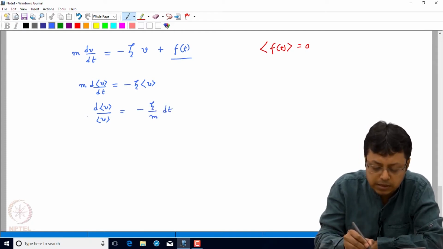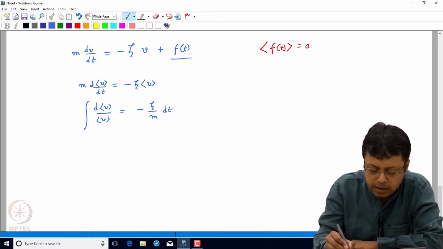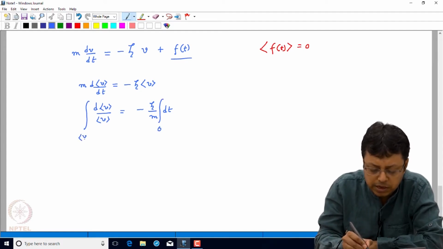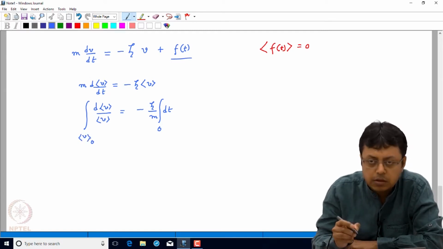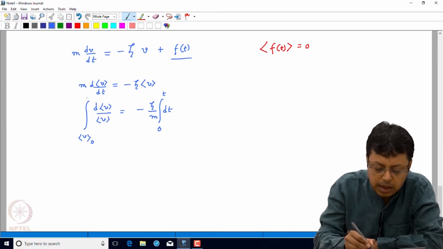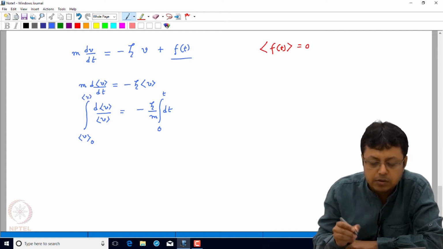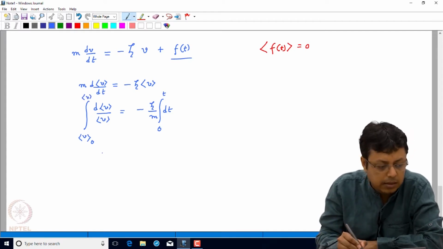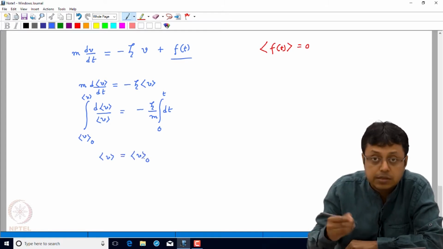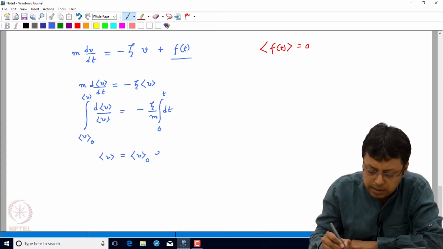And now we can integrate this equation, assuming that at time 0 the initial average velocity was v0, and at any arbitrary time the value is v. So we can easily see that v will be nothing but v0, the zero time velocity, times exponential minus zeta by m into t.